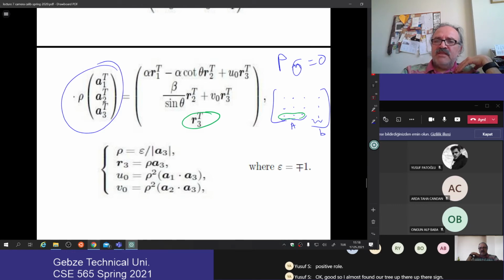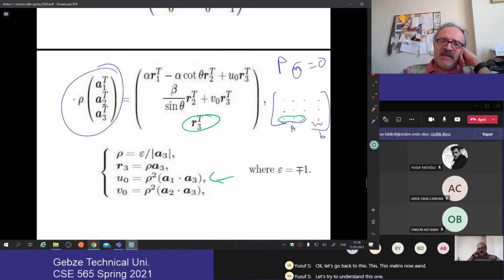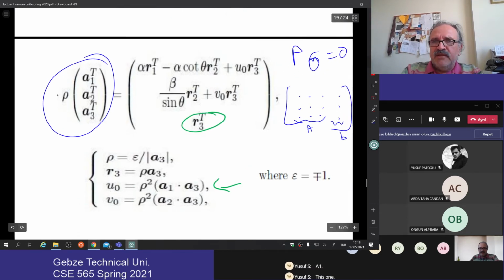Let's go back to this matrix now. Again, let's try to understand this one. If I take A1 here, this is A1, and multiply it with A3.